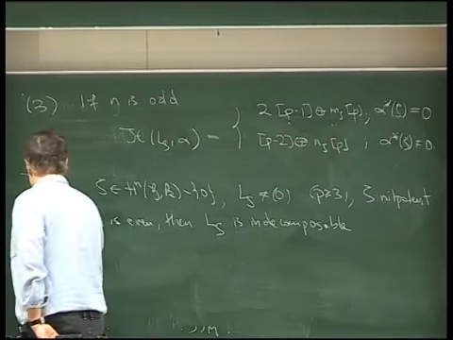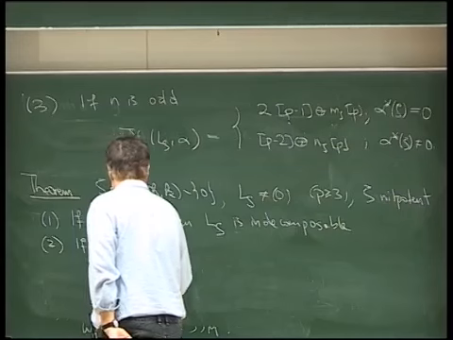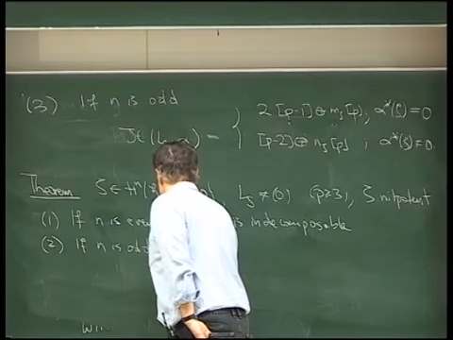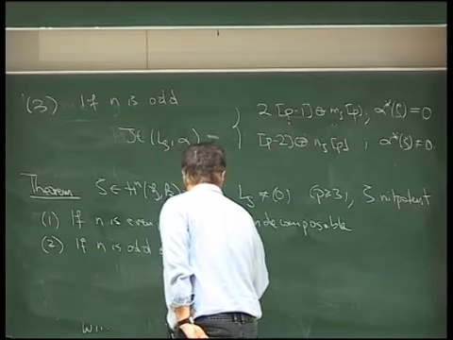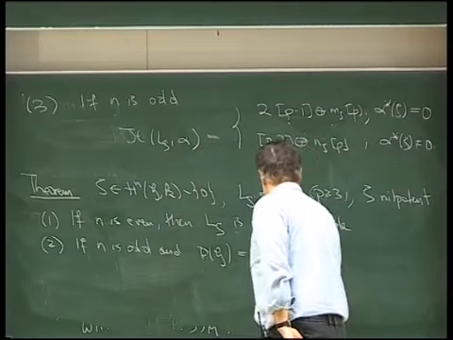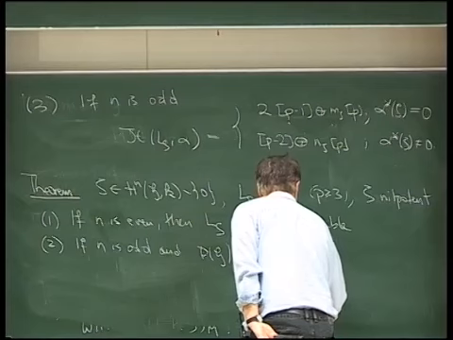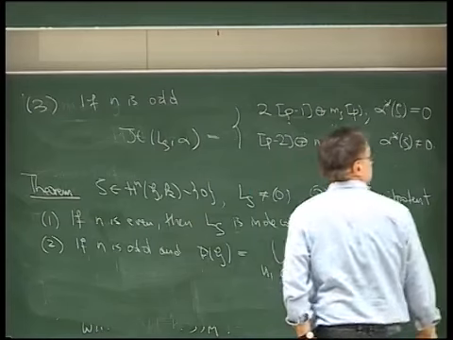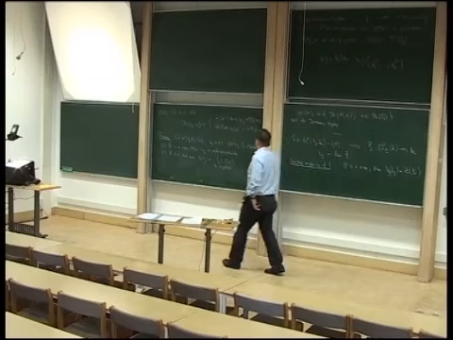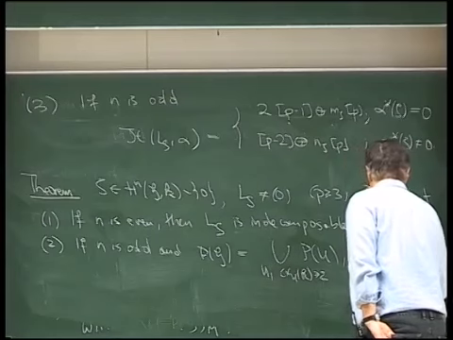And if n is odd and you have enough large unipotent subgroups, so the space of G can be written as the union of all abelian unipotent subgroups of complexity greater or equal than 2, meaning that the number of variables is at least 2, then L zeta is indecomposable.